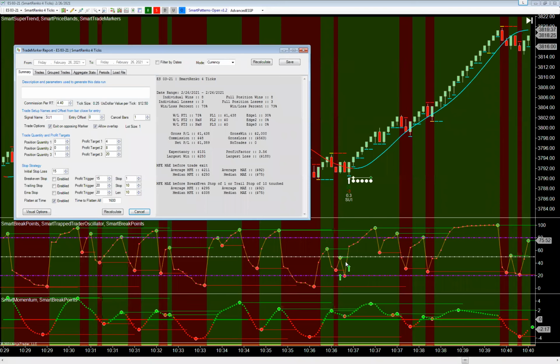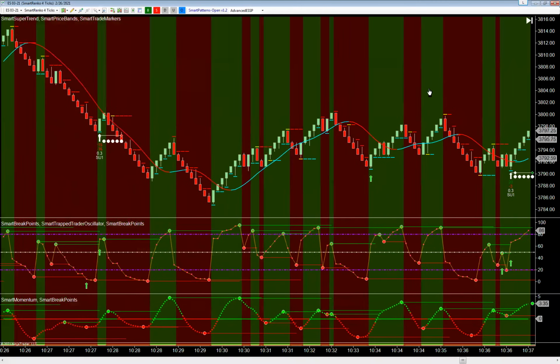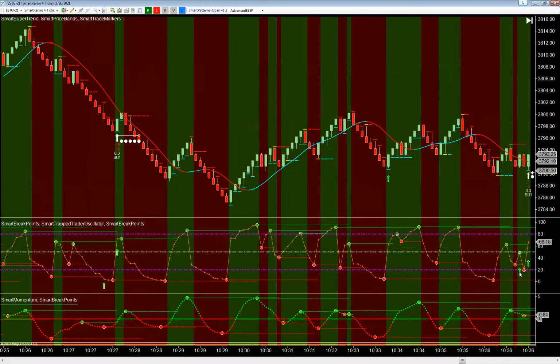It's a little coiling action. Remember that I started the presentation with these little tight little dots here. We're leading out up, up, up, you know, for effect. We do this and laugh and giggle and have fun. We actually have a triple whammy lead out. We're breaking up through red, double through green, Trapped Trader Oscillator in an extreme.